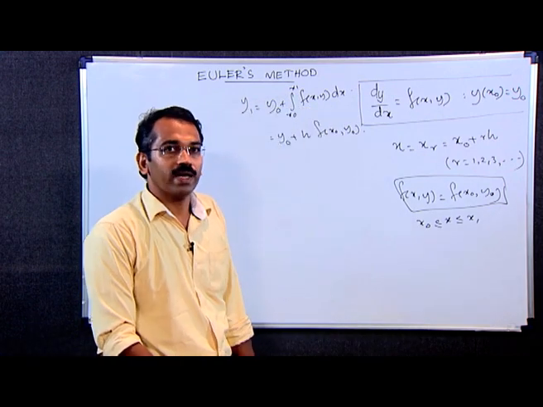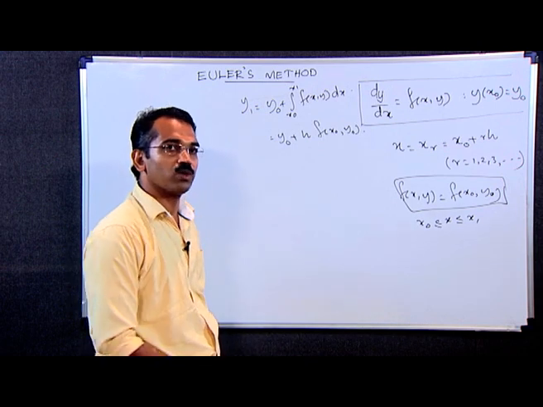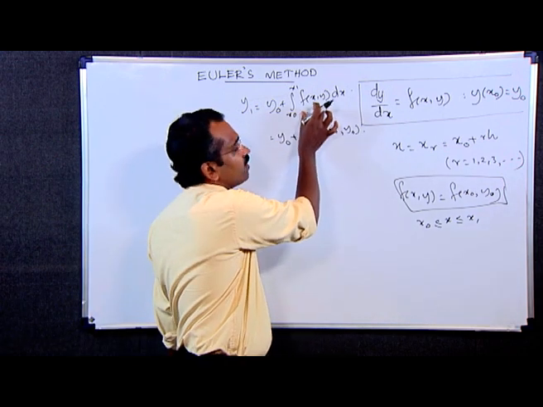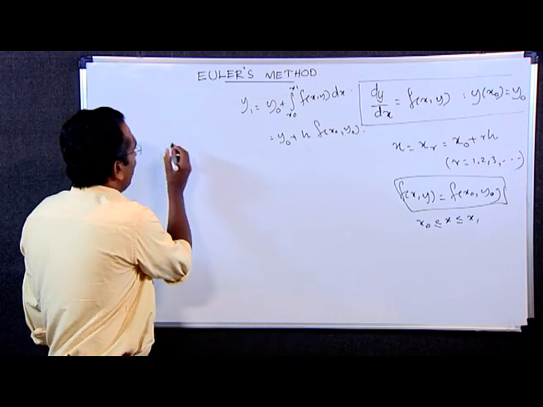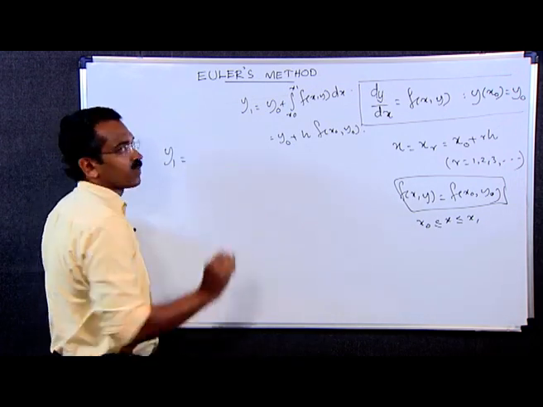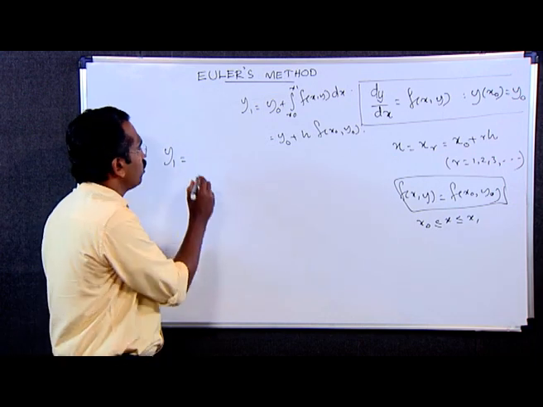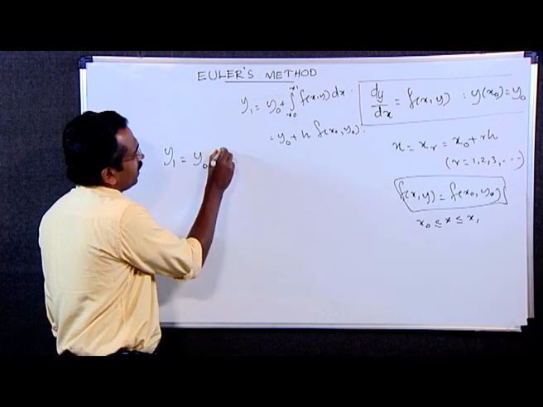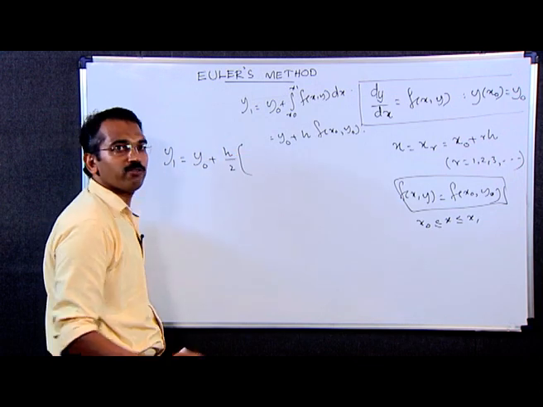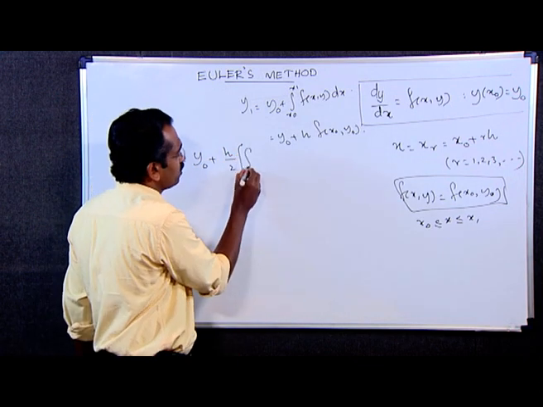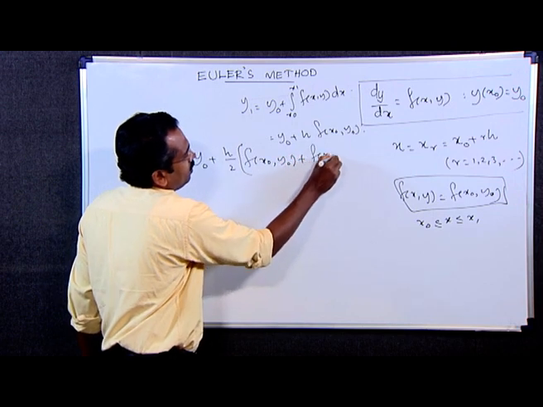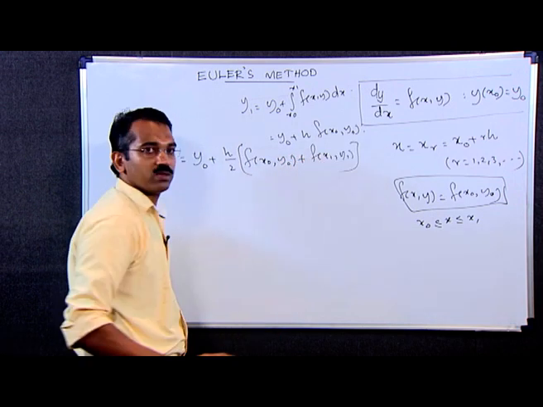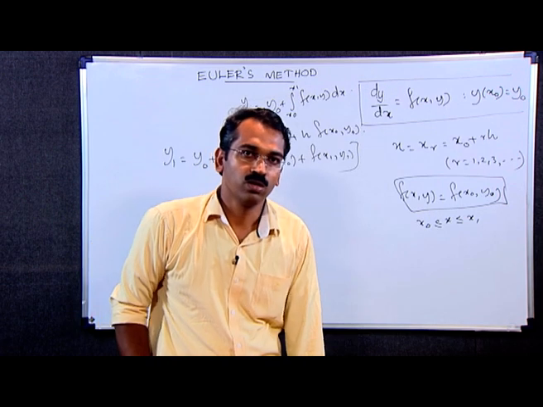Instead of approximating f of x y by f of x naught comma y naught, we approximate this integral by means of the trapezoidal rule and obtain y1 is equal to y naught plus h by 2 into f of x naught comma y naught plus f of x1 comma y1. This is from the trapezoidal rule.